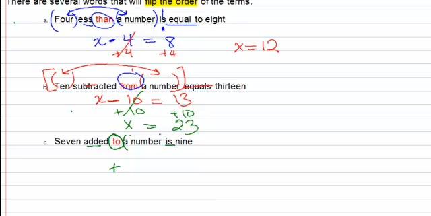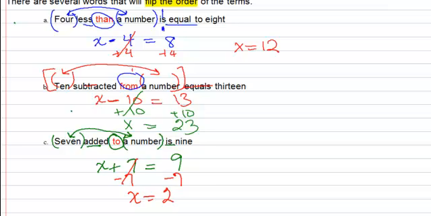We're adding a number and 7. The "to" flips the order, so it's x plus 7. There's our equal sign, 9, and again, we just very quickly isolate that variable. And we've translated and solved pretty quickly.